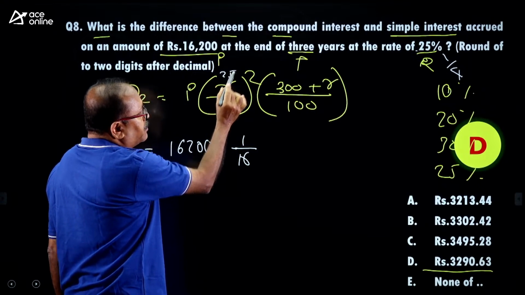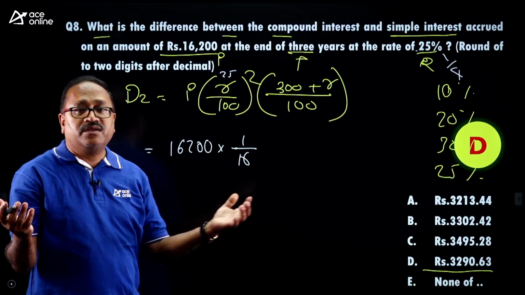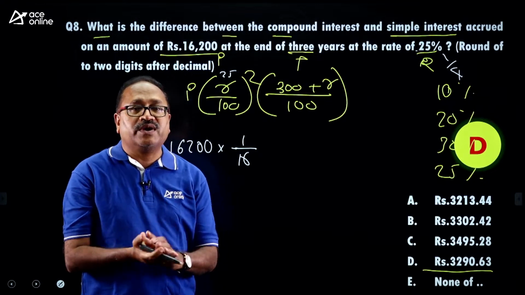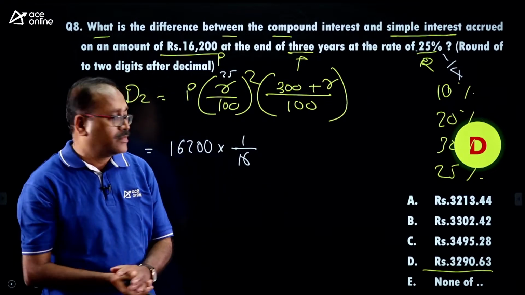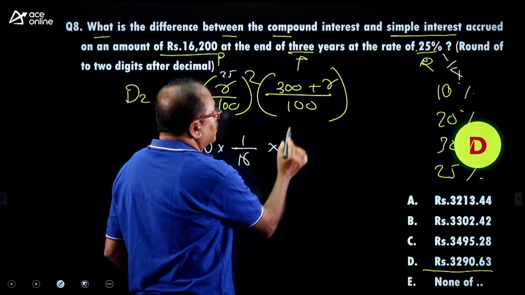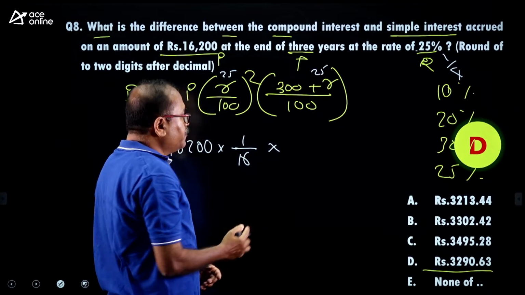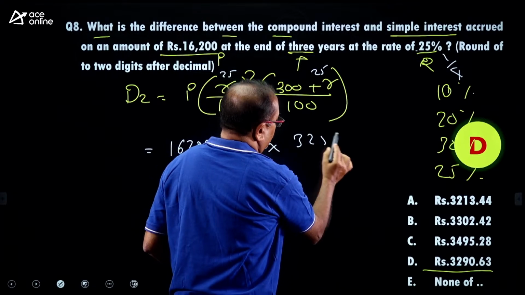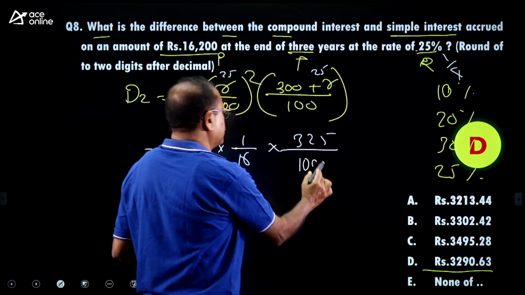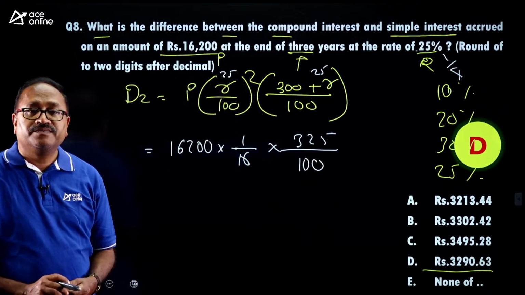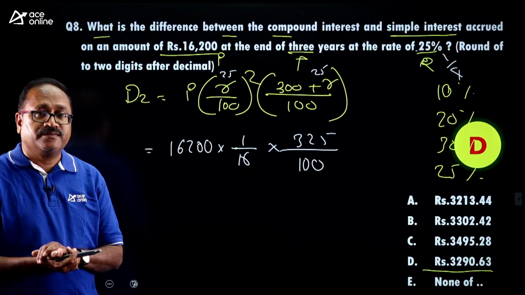Yes, R is 25, right? 25 by 100, 1 by 4, 1 by 4 whole square, 1 by 16. Into 300 plus R, R is 25, so 325 by 100. That's all. You are getting the difference.